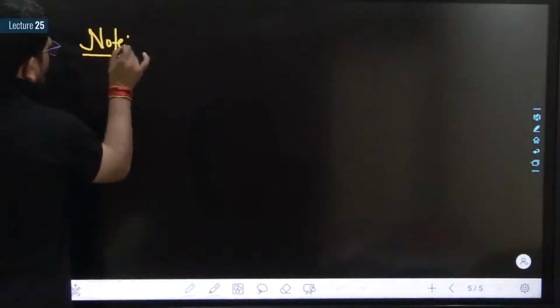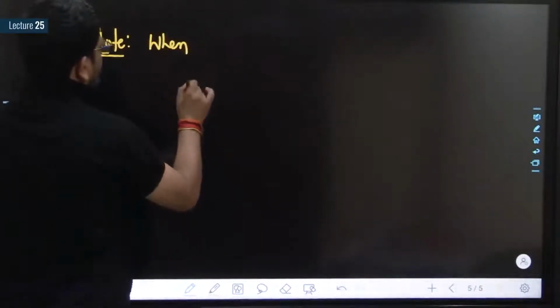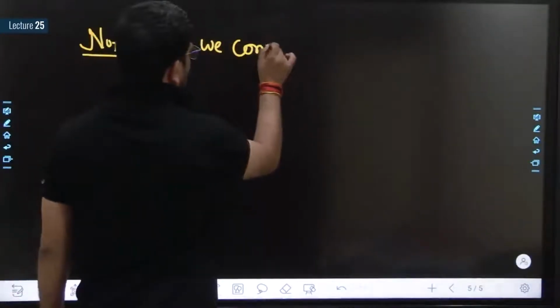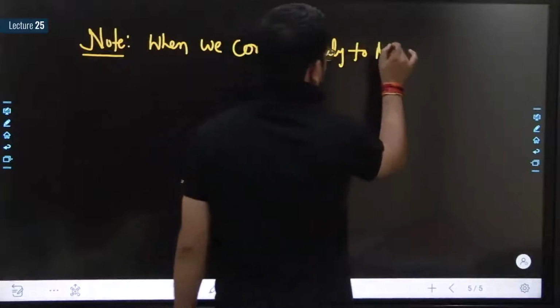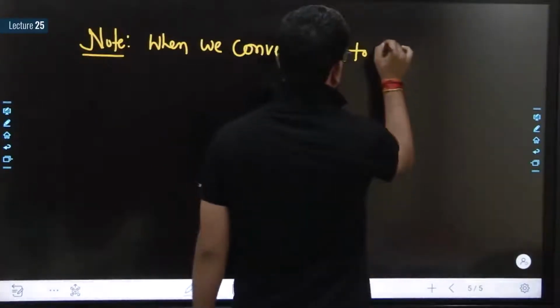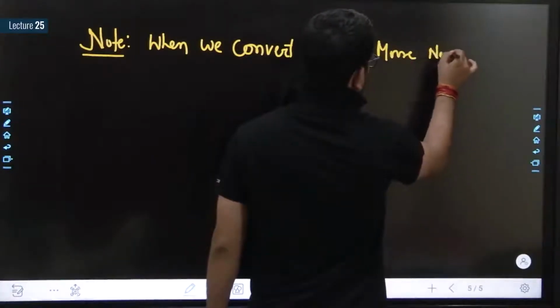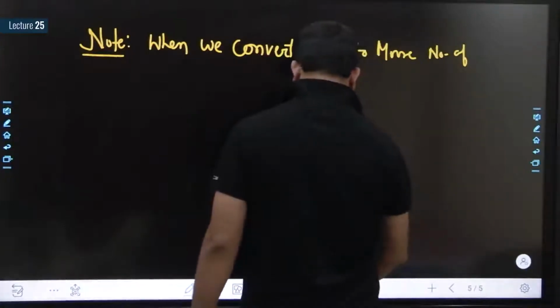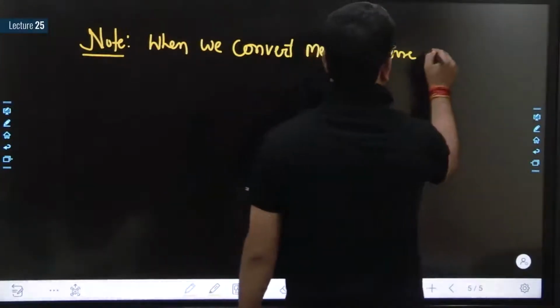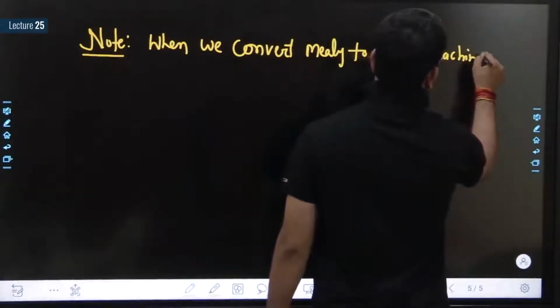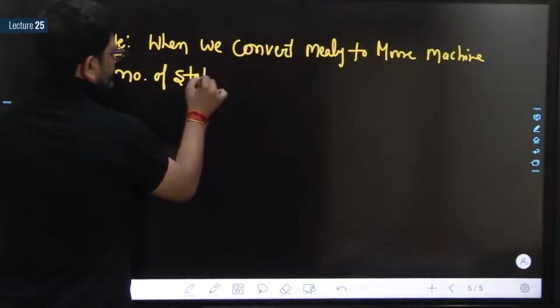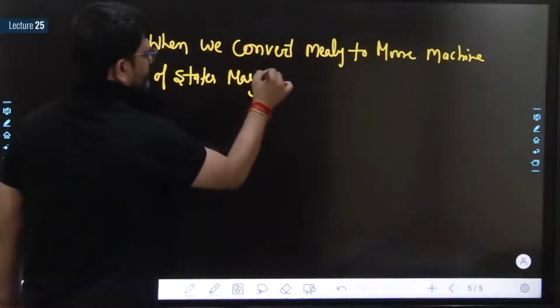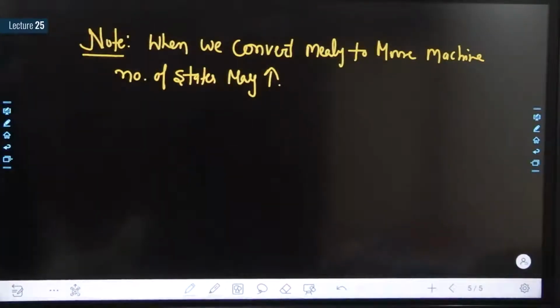Note: when we convert a Mealy to Moore machine, the number of states may increase. How many states increase?